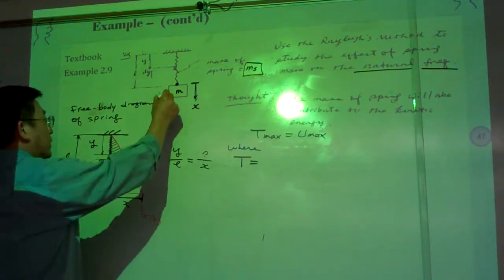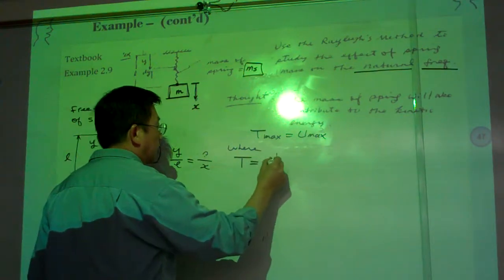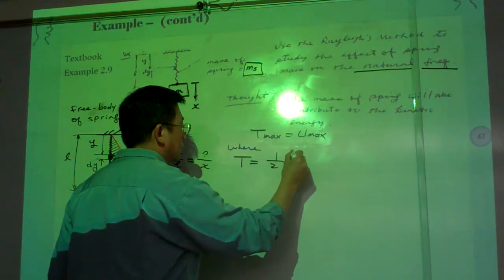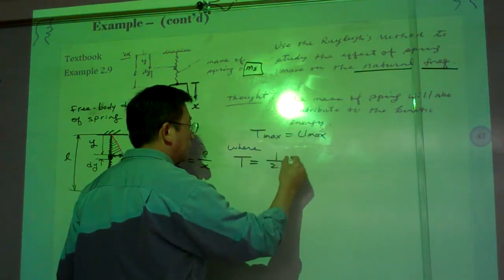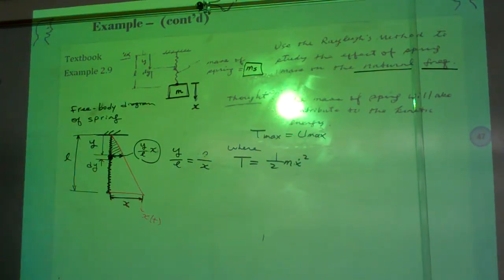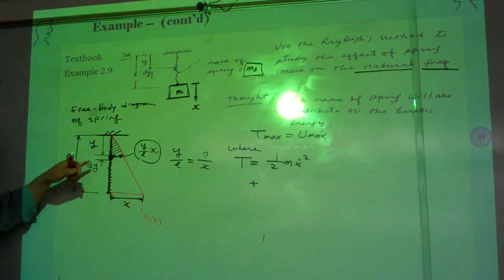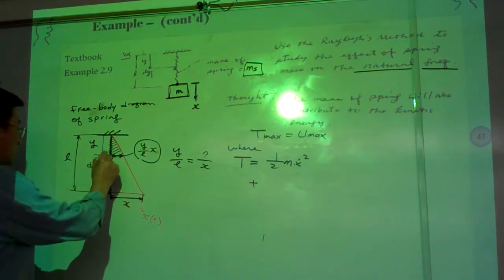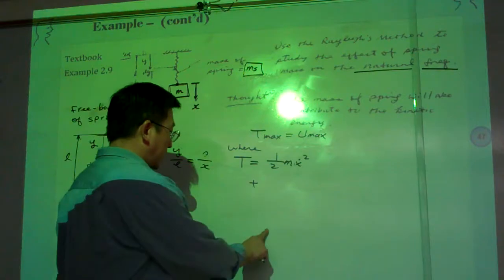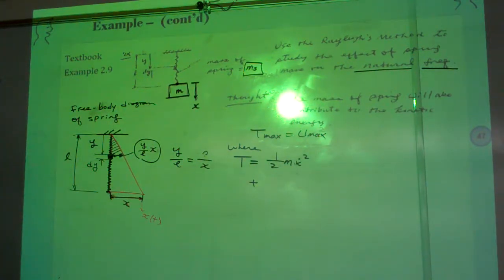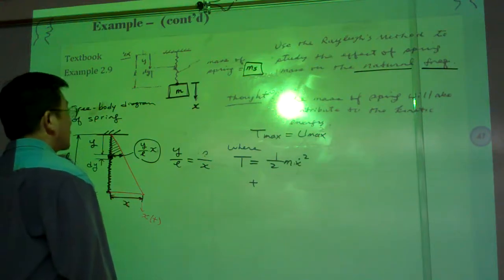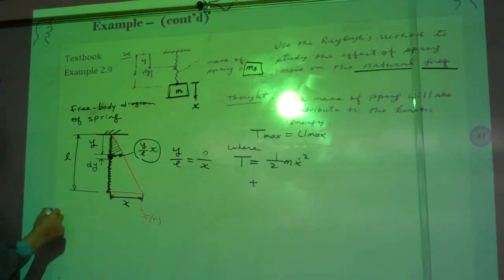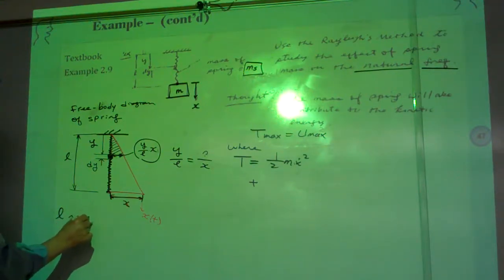The first part of the kinetic energy is from the movement of the mass, and that is 1/2 m x dot squared. The second portion is from the integration of the mass of the small element. For the whole spring, the length is proportional to the whole mass, right?